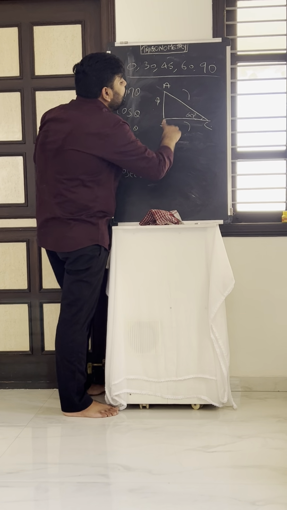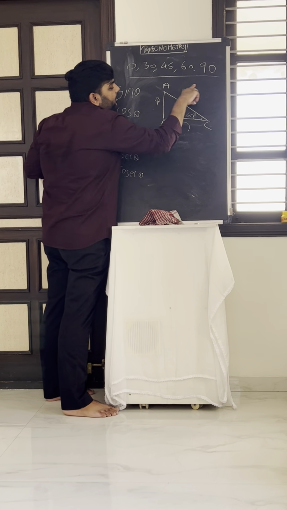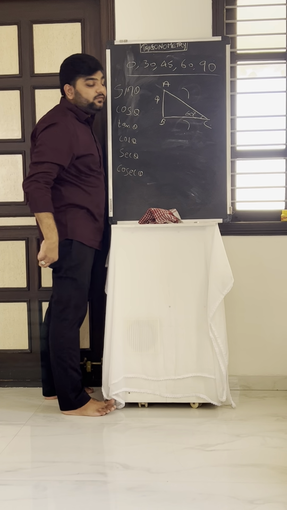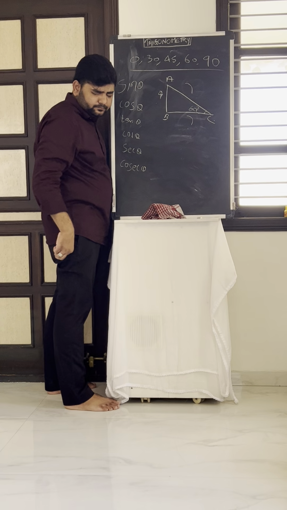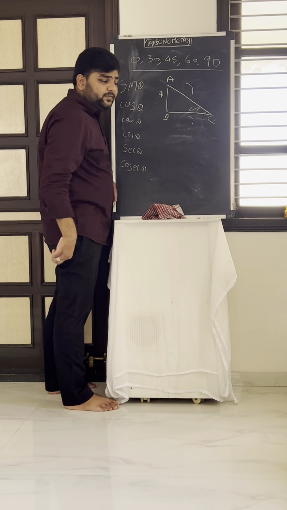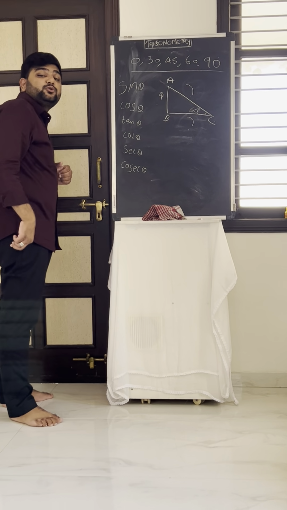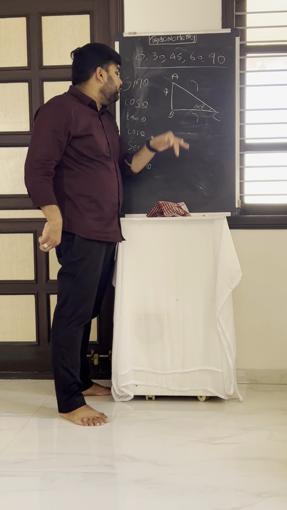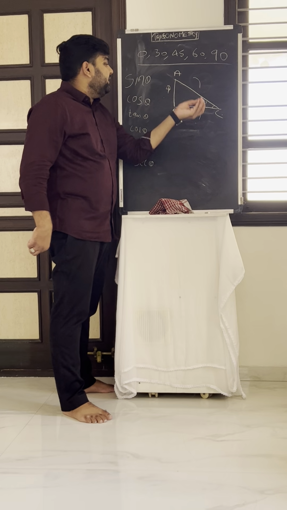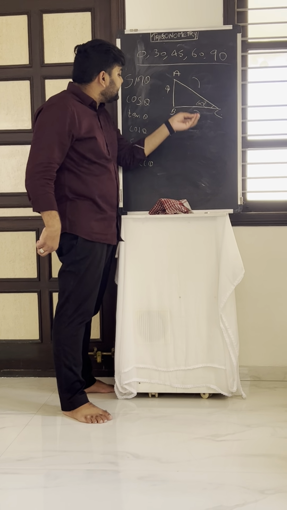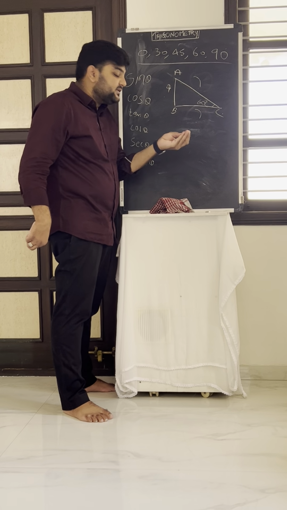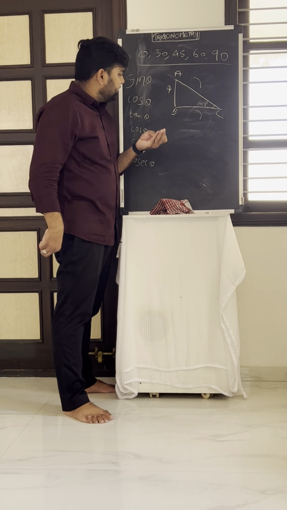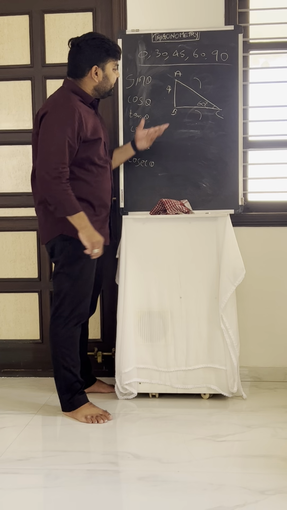I have to find the value of the hypotenuse and the adjacent side. Which trigonometric functions can we use? In which formulas do the hypotenuse and adjacent come? Sine theta, cos theta, tan theta. We can use any of the operators.